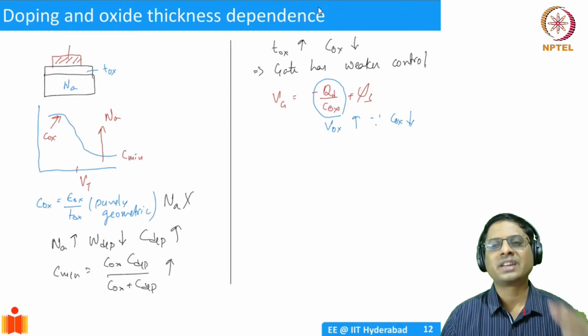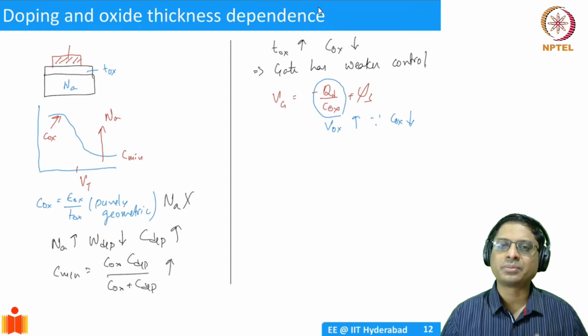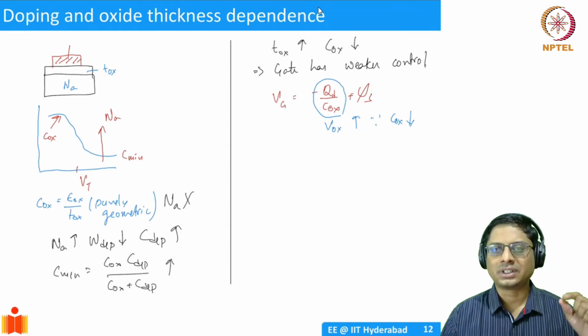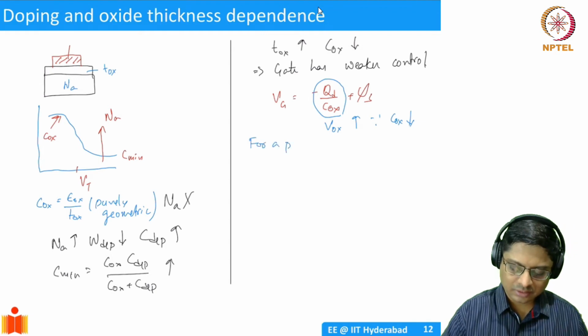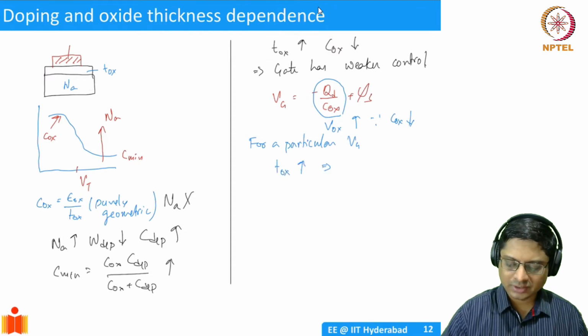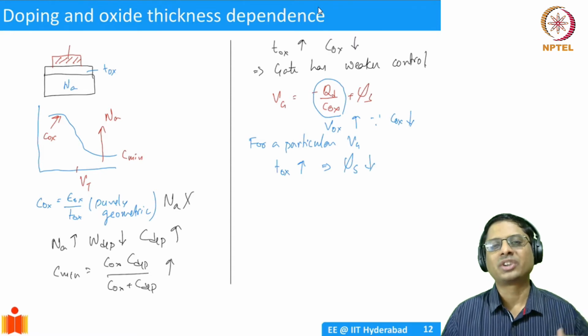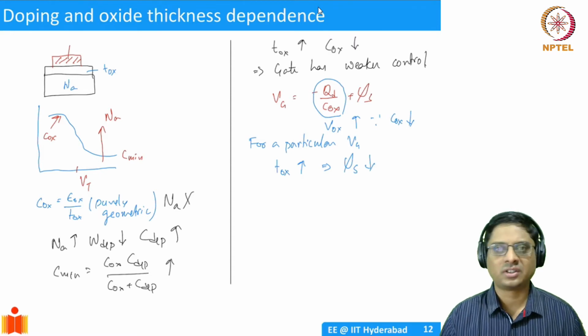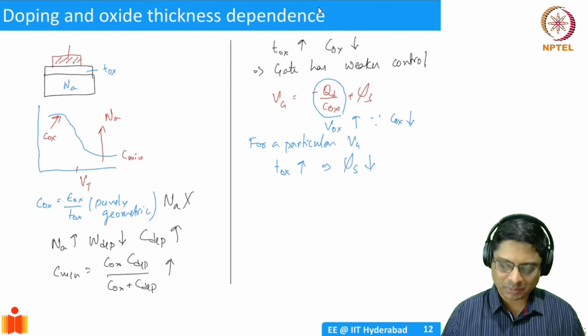So if you have the same voltage, then your phi s has to be smaller. For a particular VG, TOX increases implies phi s has to reduce, because the oxide is going to take a much larger fraction of the voltage.